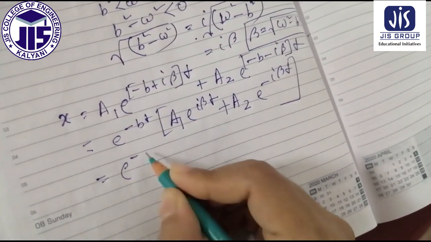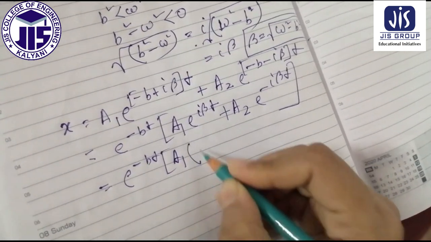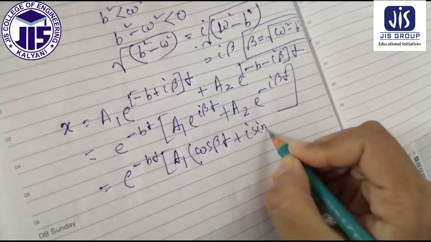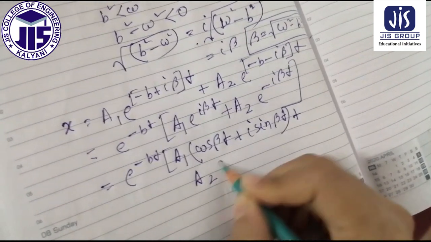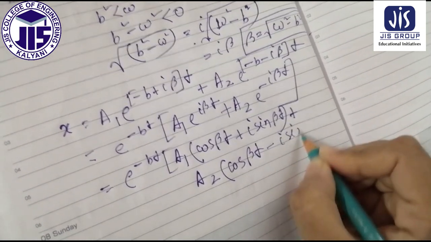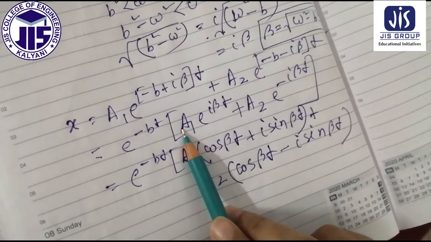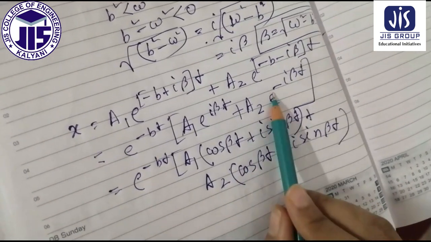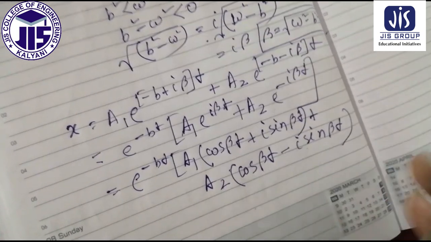e to the power minus bt, a1 into e to the power i beta t, which means cos beta t plus i sin beta t, plus a2 into cos beta t minus i sin beta t, because e to the power i theta means cos theta plus i sin theta, and e to the power minus i theta means cos theta minus i sin theta.